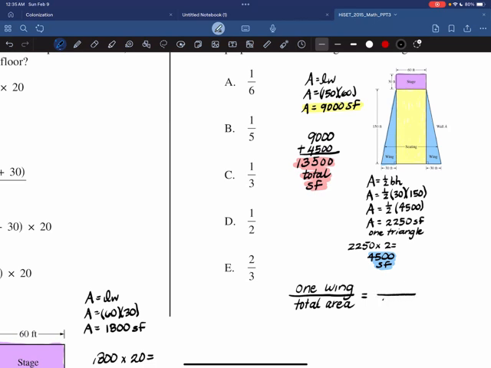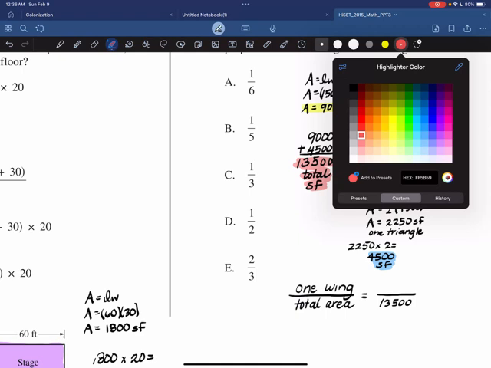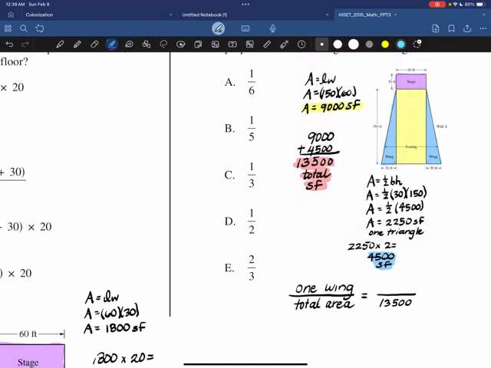We know the total area is that red number. That's why I needed to be sure I was okay with that. One wing, that's one triangle. Not both of them, although we had to find both of them to get the total. We need to know one triangle, and that is, of course, 2250.